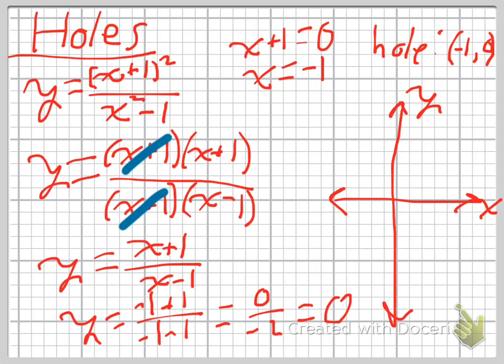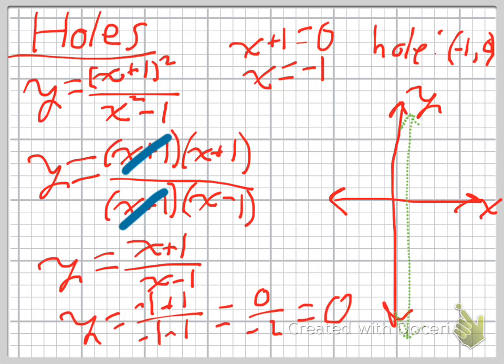And when we set the denominator equal to 0, we'll see that our vertical asymptote will be at x equals 1. So then, we also can plot the hole at this point. Our hole is at the coordinate of -1 and 0.